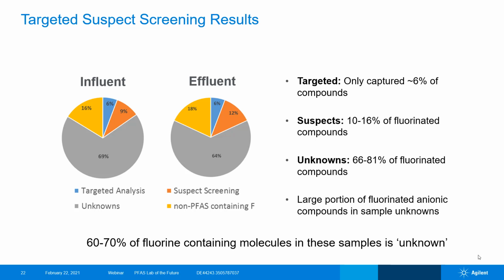We couldn't identify them either through the suspect databases or the targeted analysis through standards. So what that's telling us is there's potentially a large amount of fluorinated anionic compounds, most of which could be PFAS, that is actually present in these wastewater samples that we don't know of. All right, and so that's where the benefits of using software like the chemometric tools that I talked about in the last slide and the LC-QTOF come in.